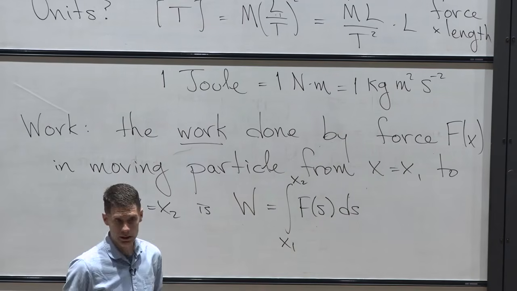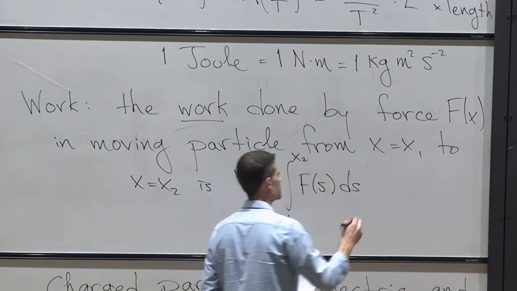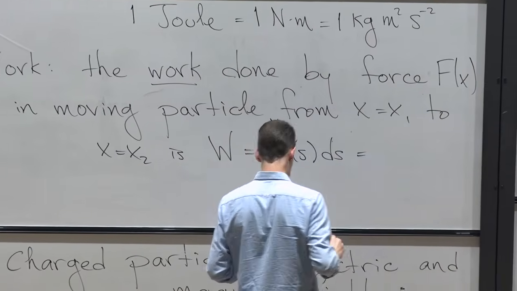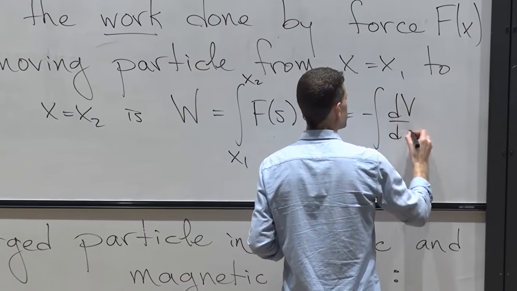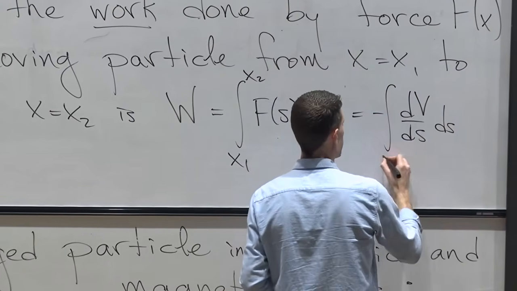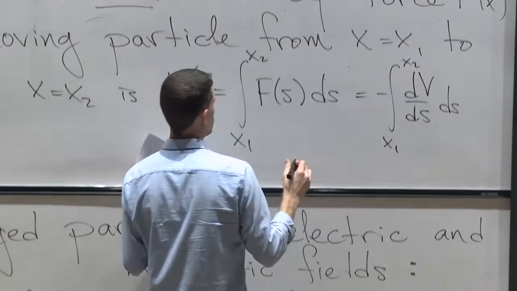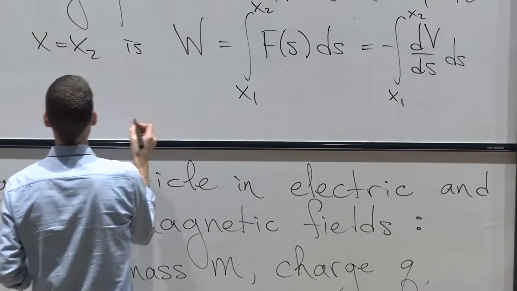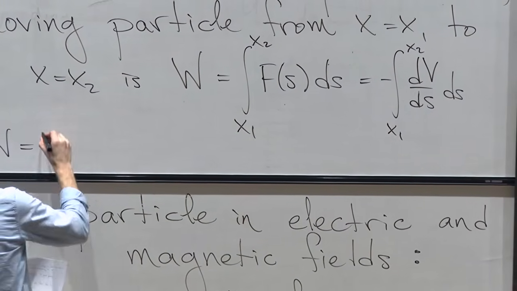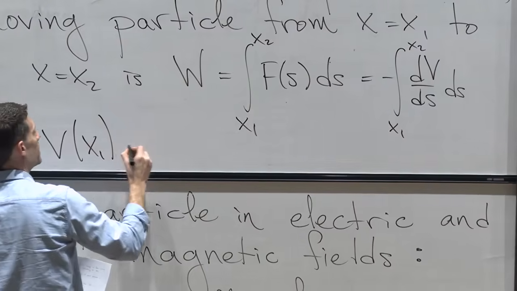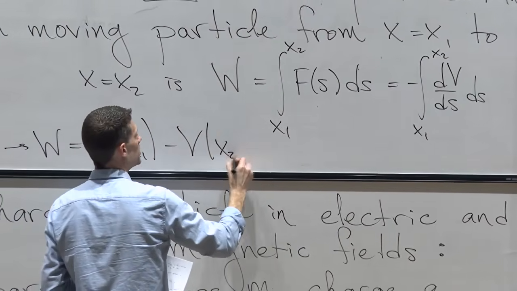And I can write that in terms of V. So that's minus the integral of dv ds from x1 to x2, which means W is V of x1 minus V of x2.